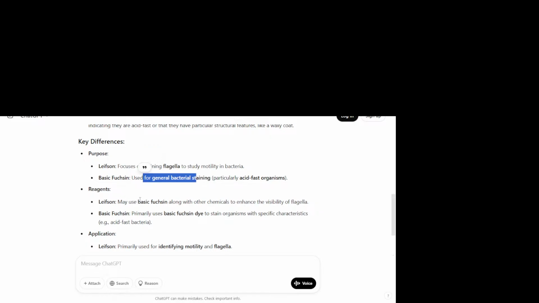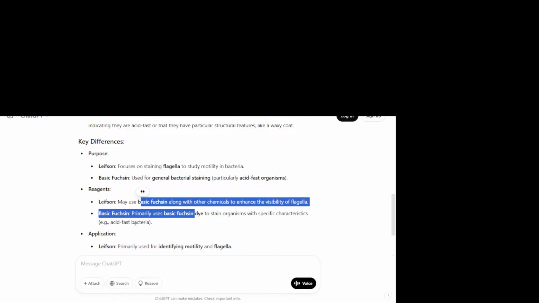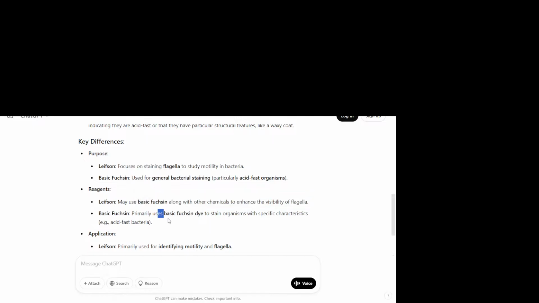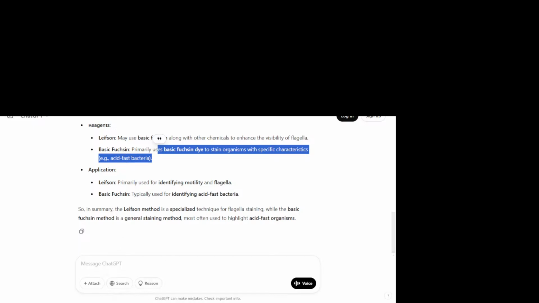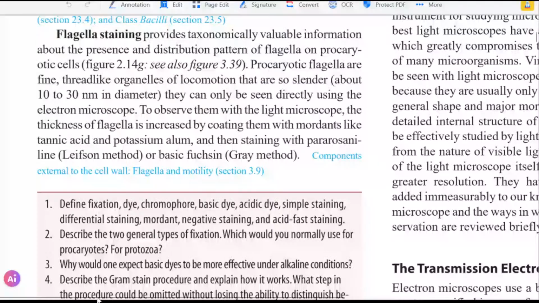Leifson may use basic fuchsin along with other chemicals, while basic fuchsin primarily uses basic fuchsin dye. Okay, whatever they say.